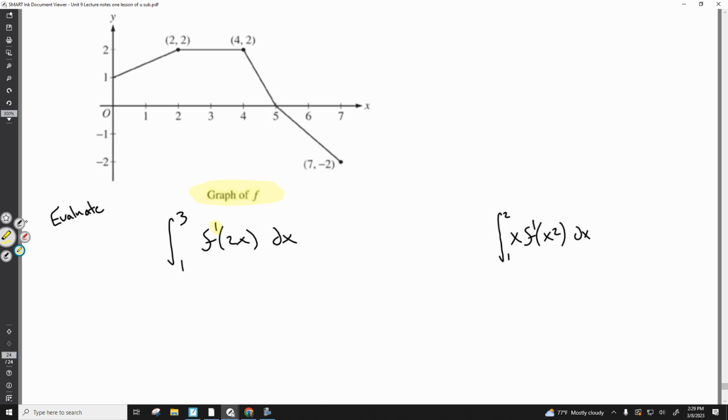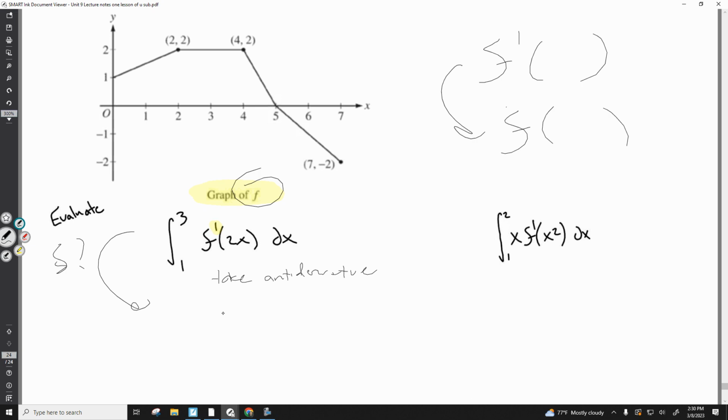Ready? We should try to take the antiderivative. We should try to see what this is equivalent to in terms of f, because this is the graph of f. Now, what's the antiderivative of f prime of 2x? Well, start with the antiderivative of f prime parentheses. F prime turns into f.